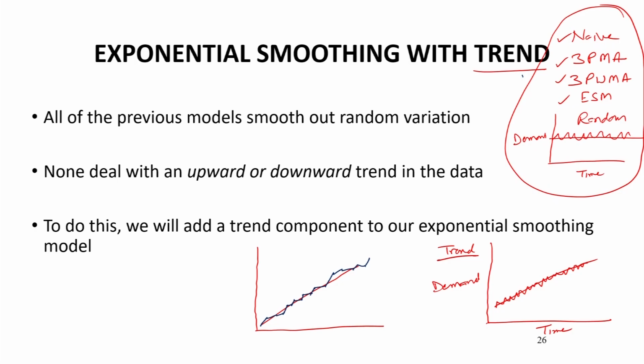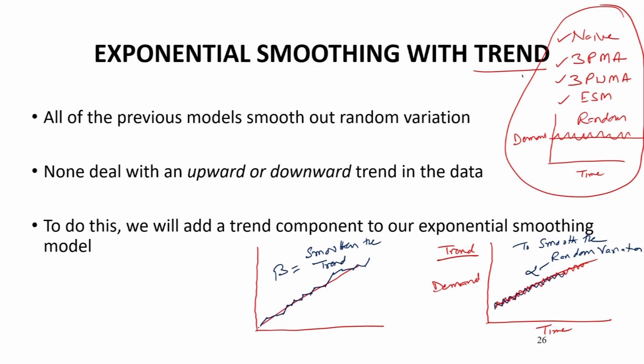One smoothing coefficient, alpha, to smoothen out the random variation, and we need another smoothing coefficient, that is beta, to smoothen the trend variation.